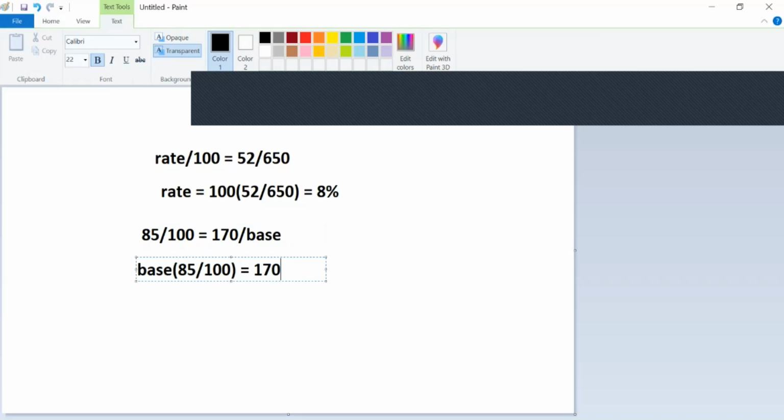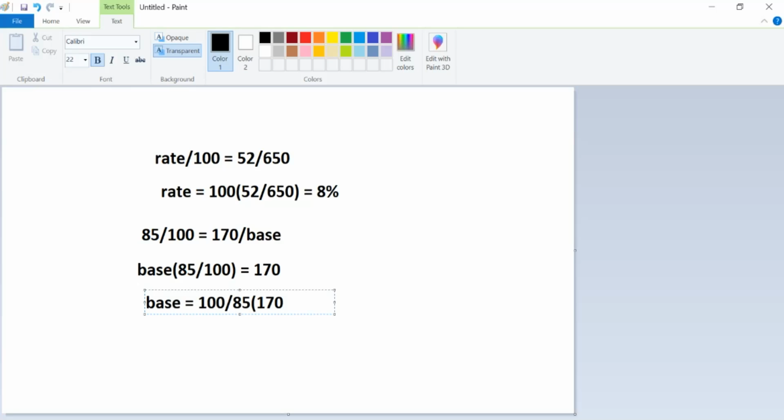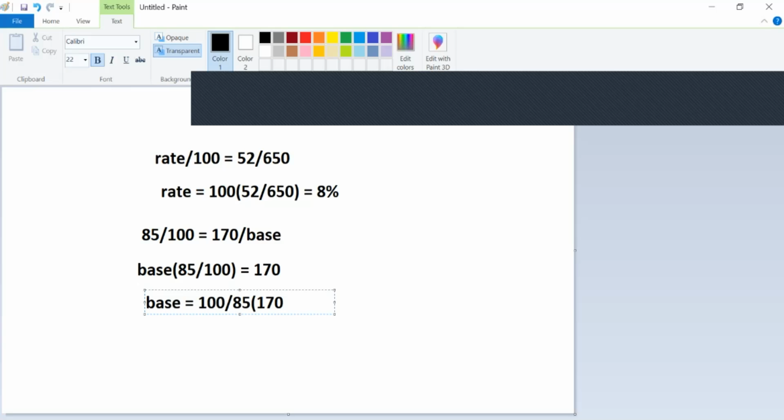But I have to get it by itself, so I have to cross multiply and flip them around, right? So base is equal to 100 over 85 times 170, right? Yep.